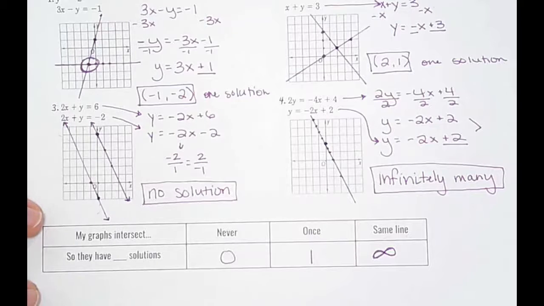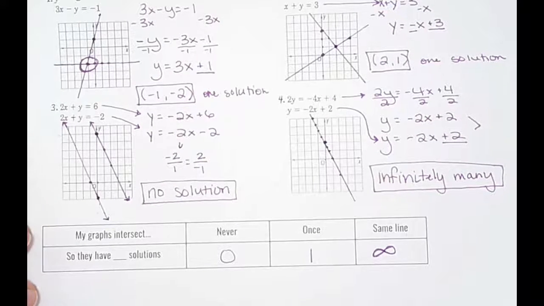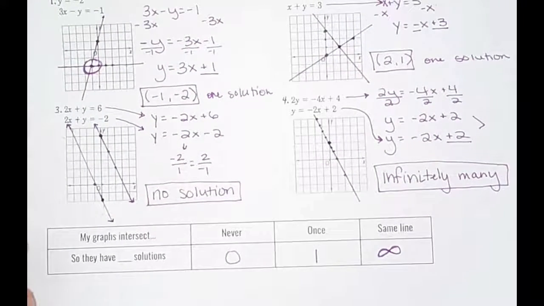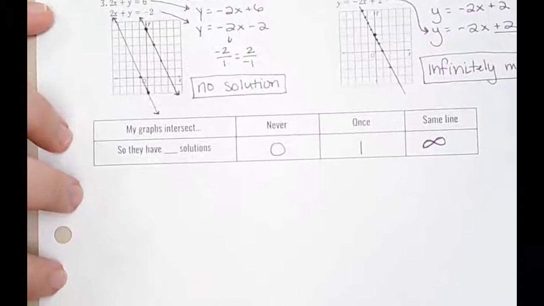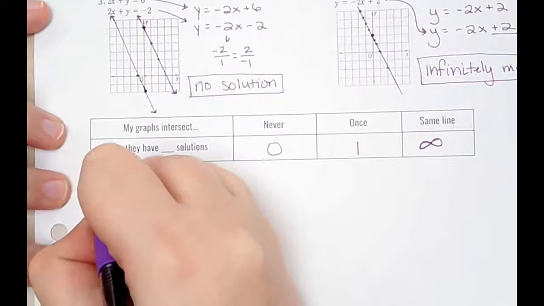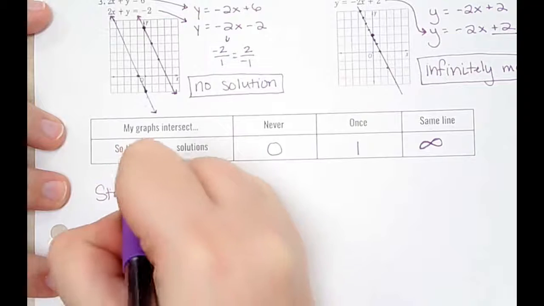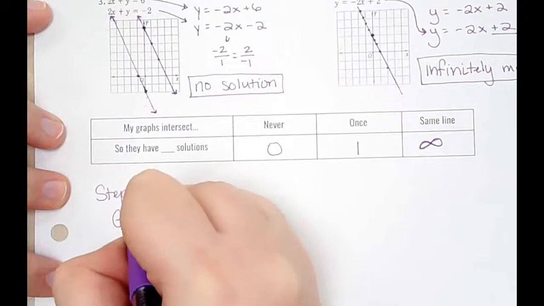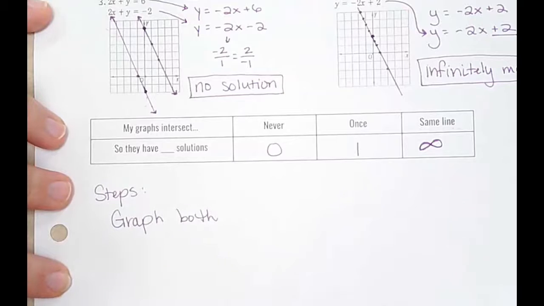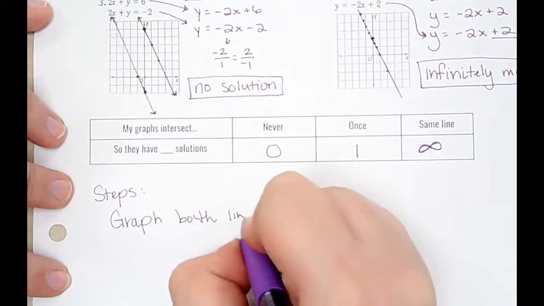The biggest thing here is if you're looking for tips and how-tos, I always like to write a little reminder to say, how do I do this? So if I'm doing my steps, I'm going to graph both lines. You can use the intercept method that we learned in 4.5, or you can use the slope-intercept method that we learned earlier. Either one's fine.